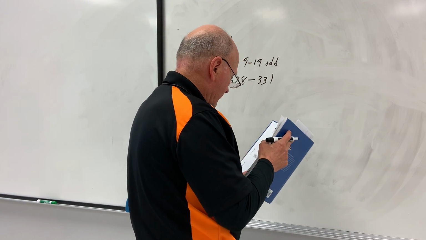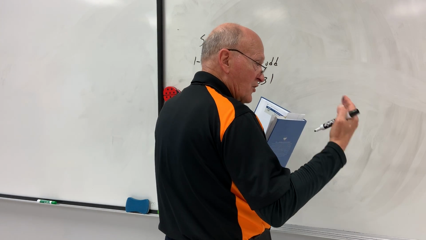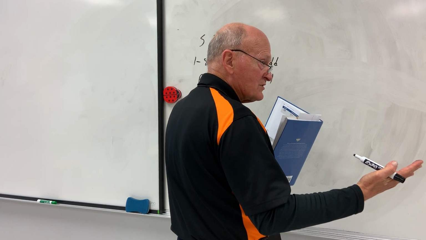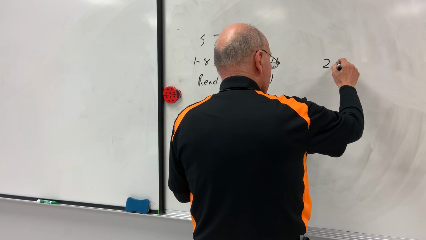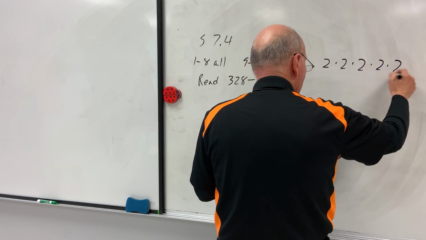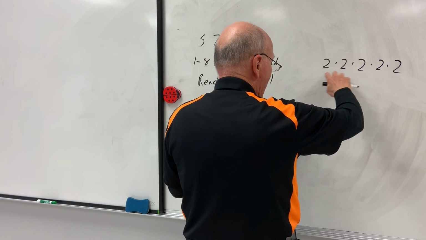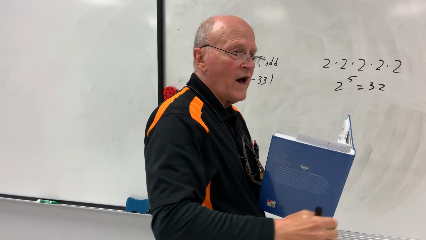If I were to flip a coin 5 times, the number of possible outcomes would be 2 to the 5th. The first time I flip it, there's 2 outcomes. Next time, 2 outcomes, and so on. When I flip it 5 times, that's 2 to the 5th, or 32 different ways this could come up.